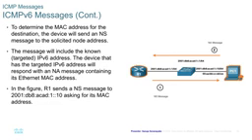To determine the MAC address for the destination, the device will send an NS message to the solicited node address. The message will include the known IPv6 address, which is the targeted one. Then the device that has the targeted IPv6 address will respond with an NA message containing its Ethernet MAC address.